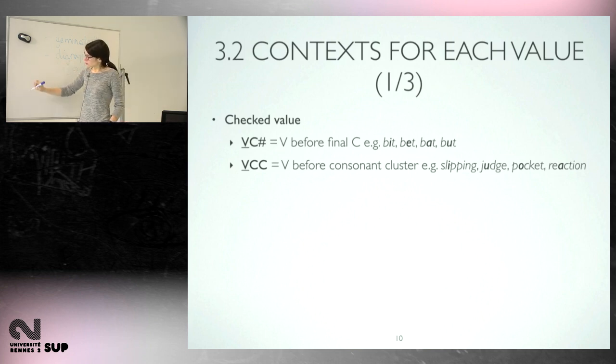Finally, well, almost finally, a consonant cluster may correspond to different consonants, and this is rather straightforward. That's what you have, for instance, in judge, where you have D and G, two different consonants. In all these cases, you have two consonant letters in writing.